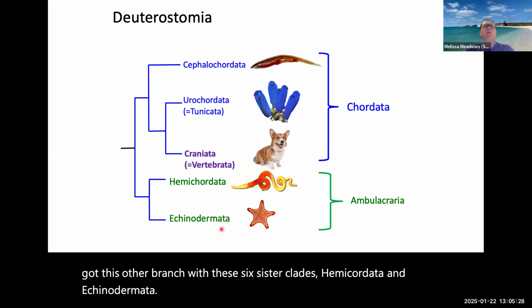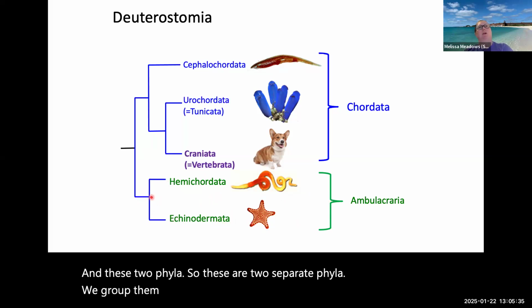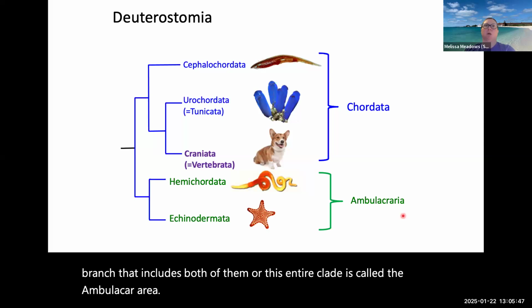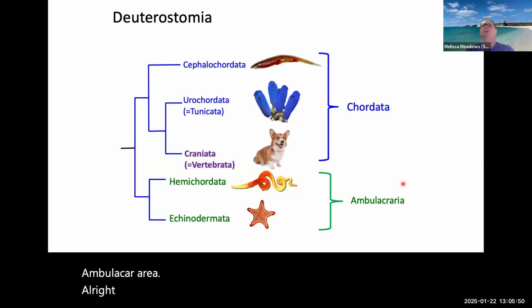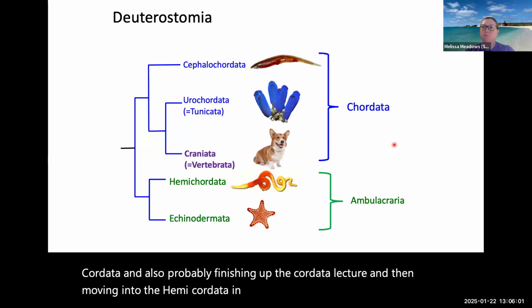These are two separate phyla, but we group them together because they are closely related. And this entire clade is called the Ambulacraria. So today we are going to be talking about Chordata and probably finishing up the Chordata lecture, and then moving into the Hemichordata in the next class.